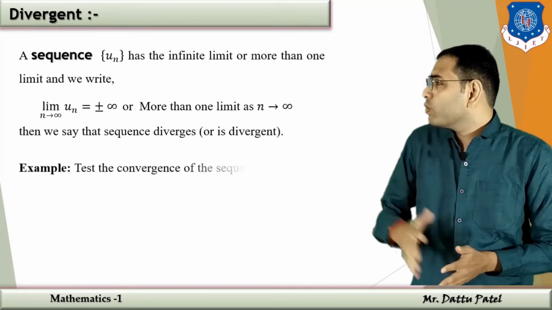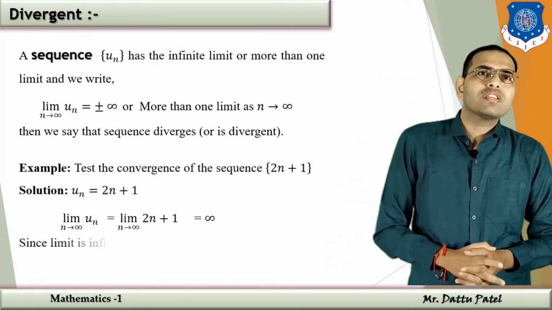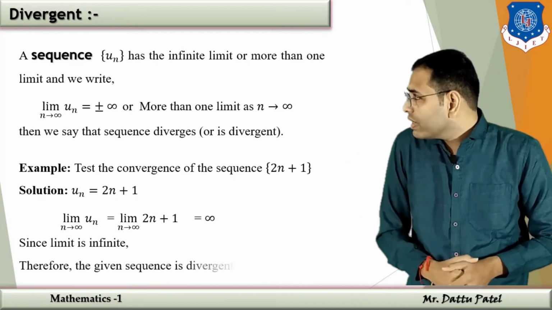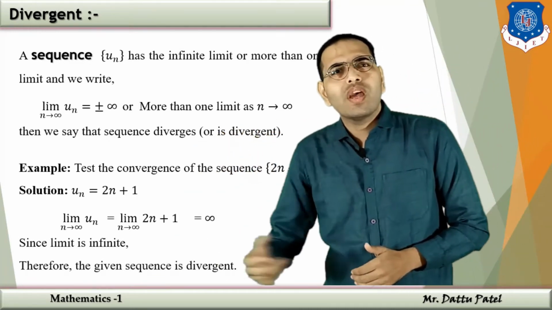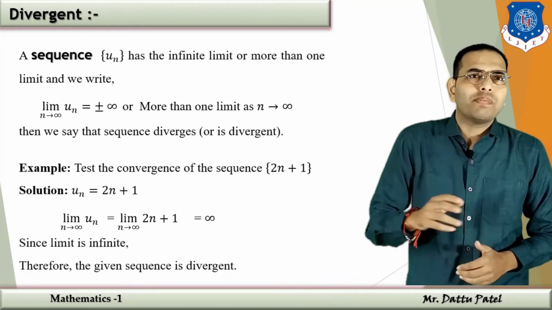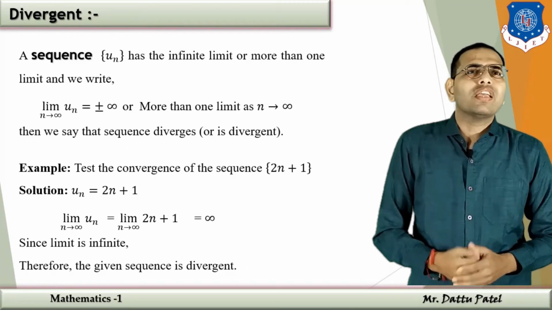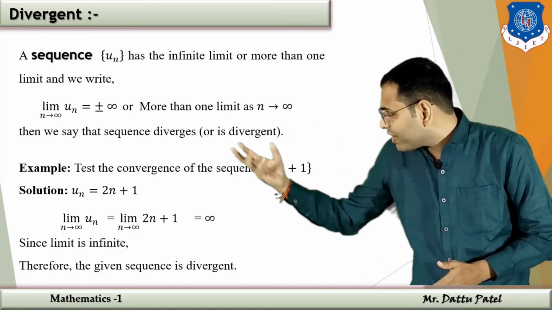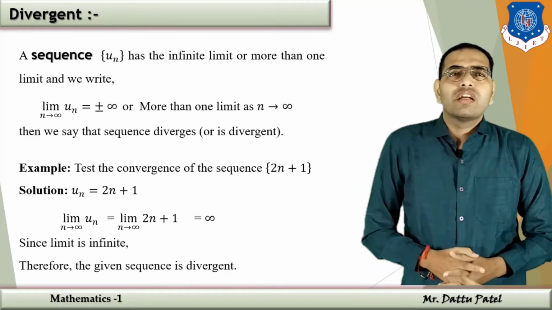Let's see one more example for better understanding of divergence. Test the convergence of the sequence 2n plus 1. Whatever sequence is given is indicated by un, so un equals 2n plus 1. Now applying the limit n tends to infinity to un, we get infinity. If our limit is infinite, then we can say that our given sequence is divergent.